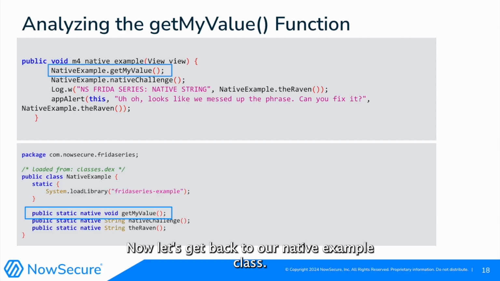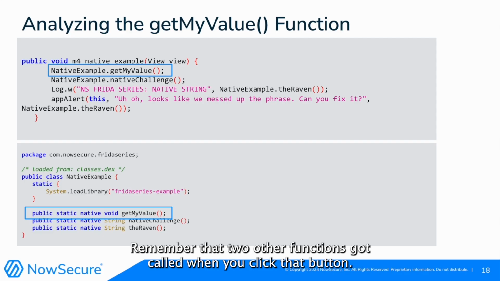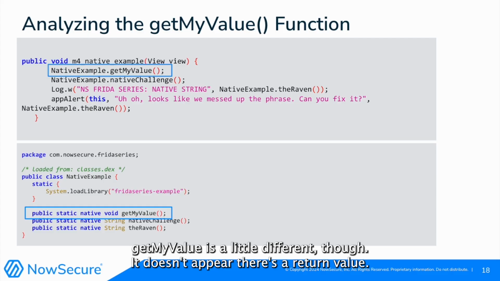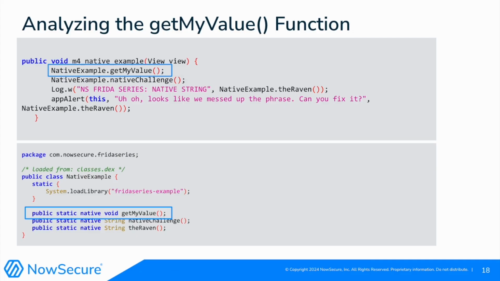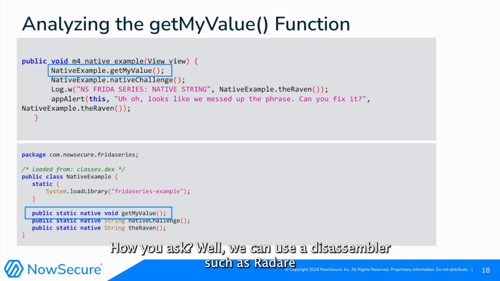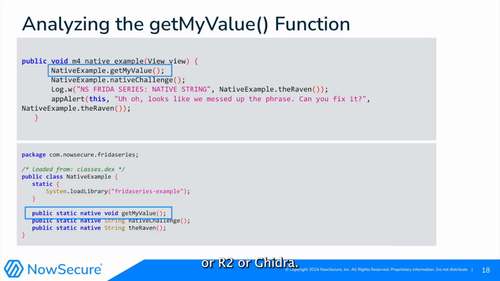Now let's get back to our native example class. Remember that two other functions got called when you click that button. getMyValue is a little different though. It doesn't appear there's a return value. We'll need to analyze this routine further. How, you ask? Well, we can use a disassembler such as Radare or R2 or Ghidra.